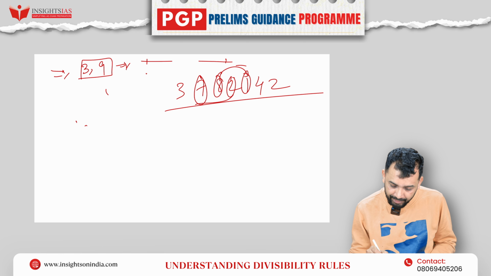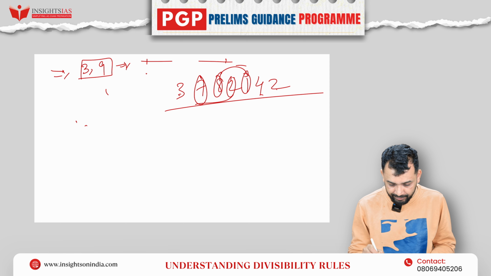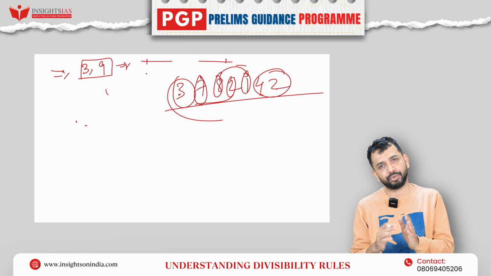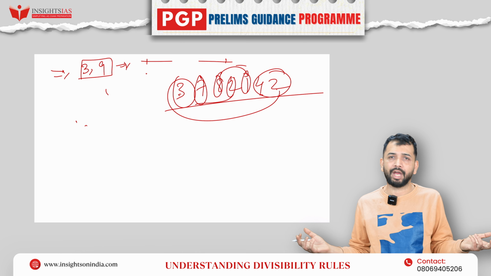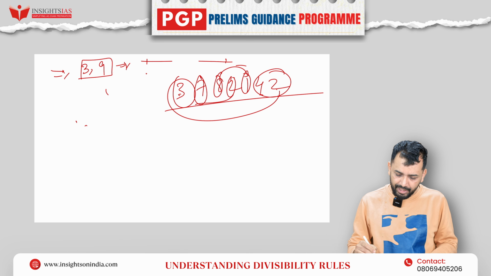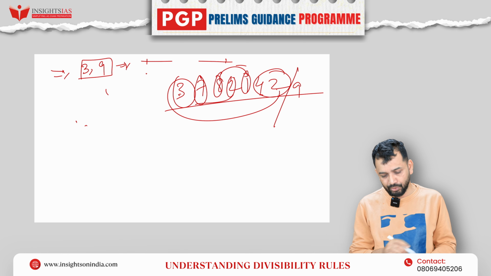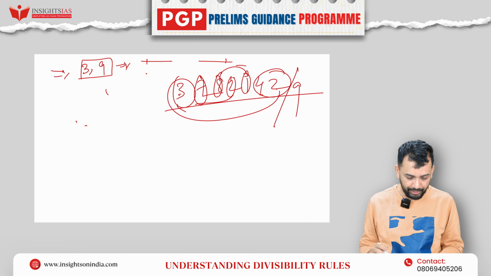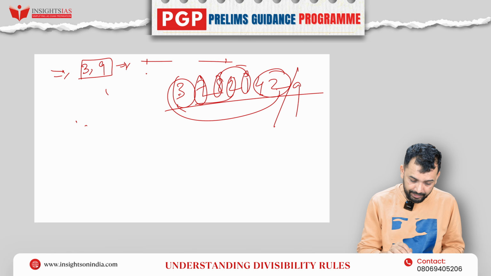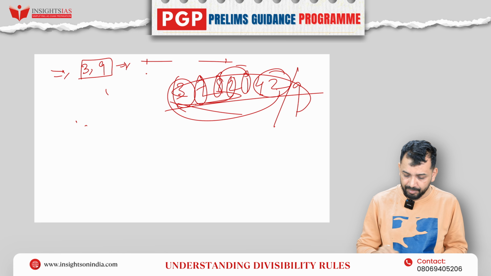Now 4 plus 3, 7, 7 plus 2, 9. This is also another group of 3 numbers making 9. So that means the entire number is made of 9s. So if you add them also, they will be a multiple of 9 and this will be divisible by 9. You don't need to add 3 plus 7 plus 8 plus 2 plus 1 plus 4 plus 2, you don't need to know that, right? So that is another thing, you are supposed to have a broader understanding.